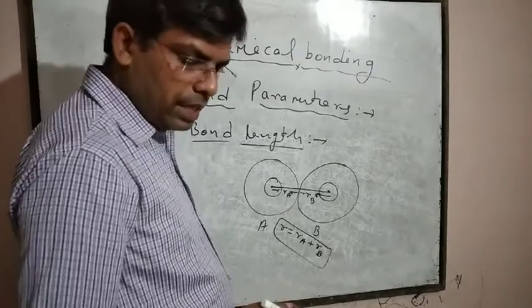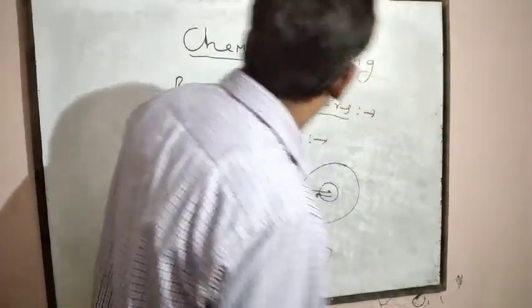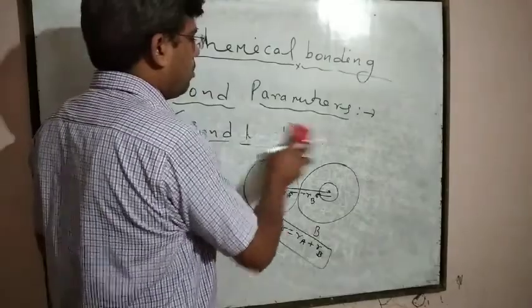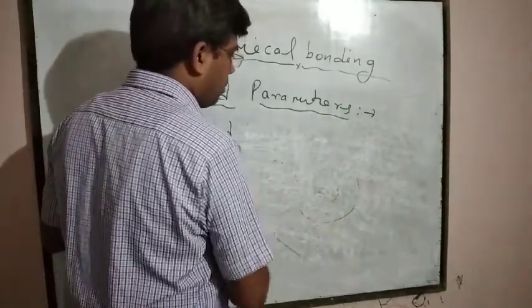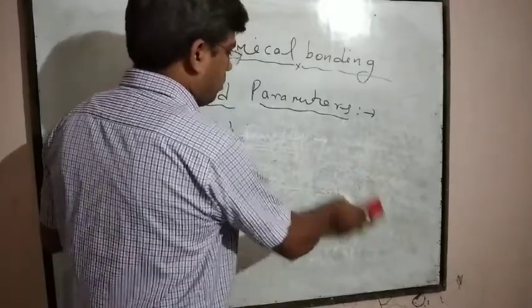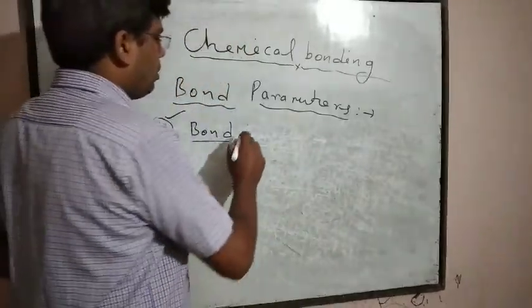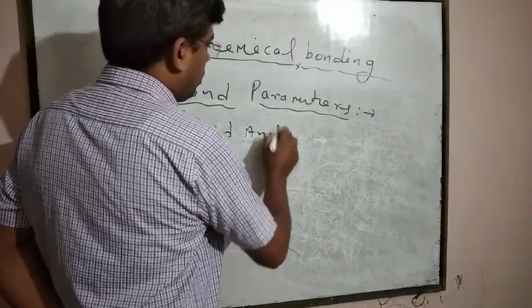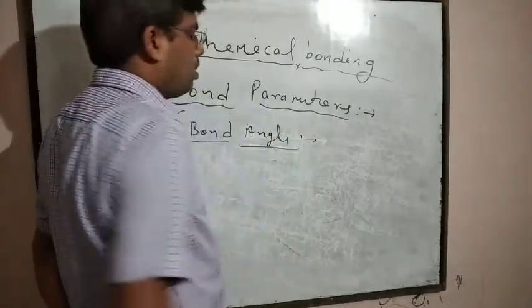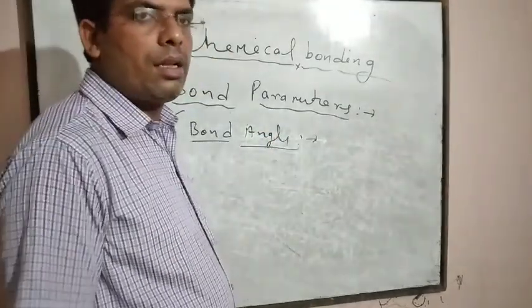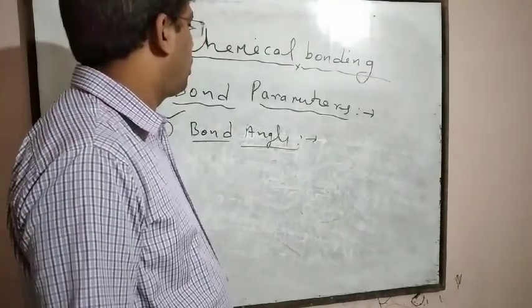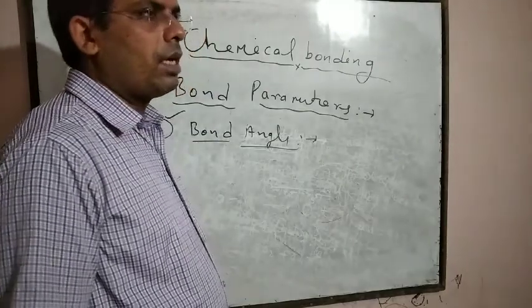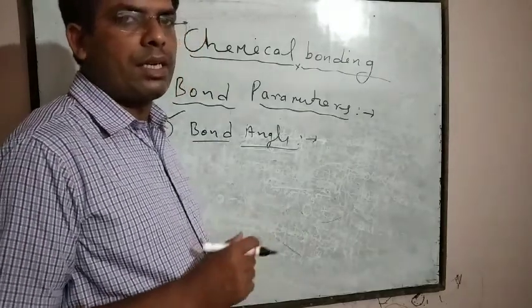Now the next bond parameter is the bond angle. Bond angle is the space between two adjacent bonds.